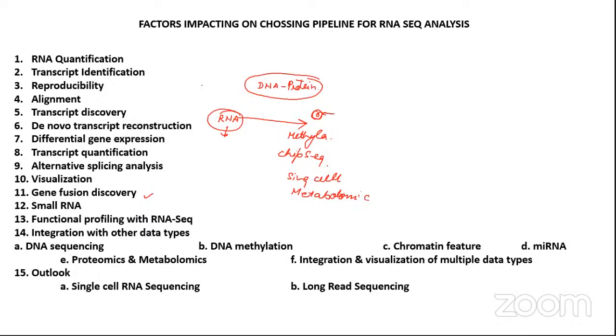On the other hand, I can integrate this with my DNA or genomic data as well. So this is all I have mentioned: DNA sequencing, DNA methylation, chromatin, microRNA, proteomics, metabolomics, single cell, long read. Everything I can integrate with my transcriptomic data.